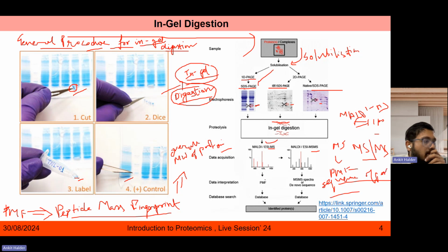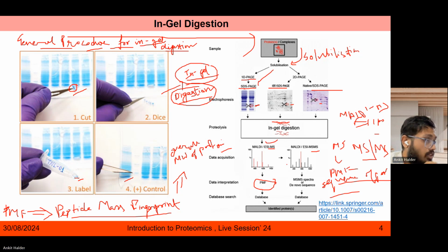So this is the difference: mass of the protein for the peptide mass fingerprint, whereas with MSMS we can deduce the sequence of the peptide as well. That's why it is written either MALDI or ESI. We can perform MALDI MS or ESI MS, or MALDI or ESI MSMS as well.